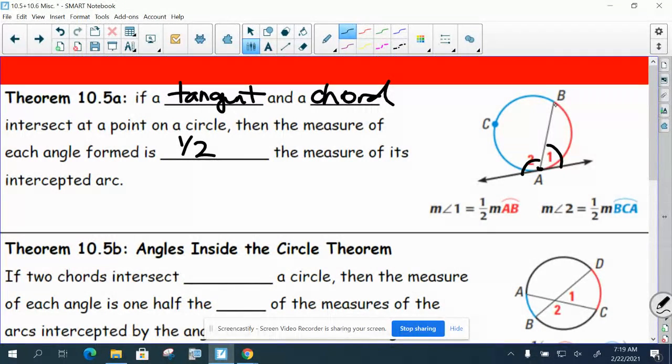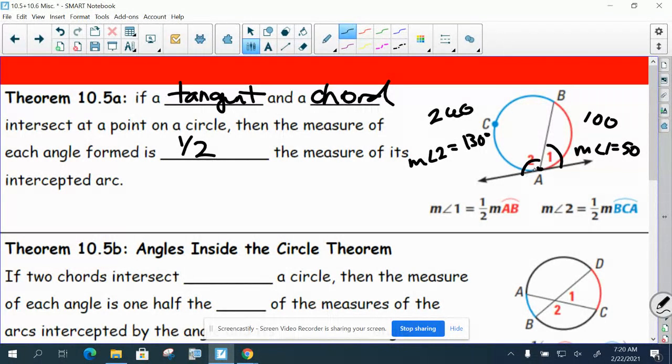For example, let's say arc AB is 100, then the measure of angle 1 would be 50. And then let's say arc ACB is 260, so then the measure of angle 2 would be 130.